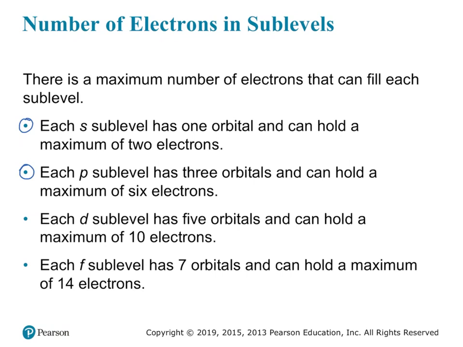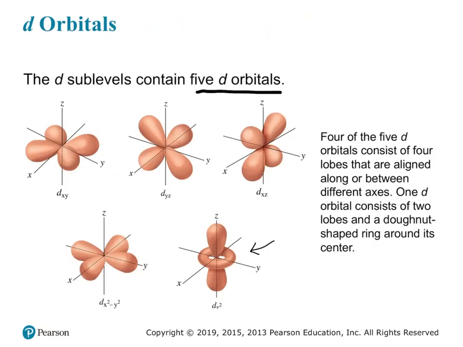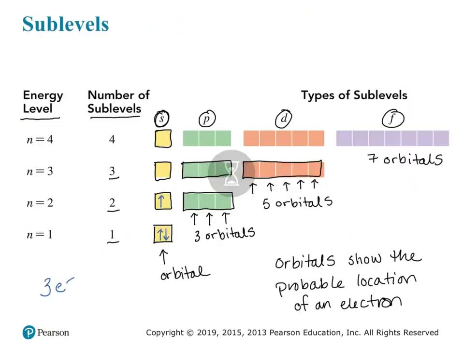Each d sublevel has 5 orbitals and can hold a maximum of 10 electrons. And then each f sublevel has 7 orbitals and can hold a maximum of 14 electrons. So let's go back to our chart and write that down here.